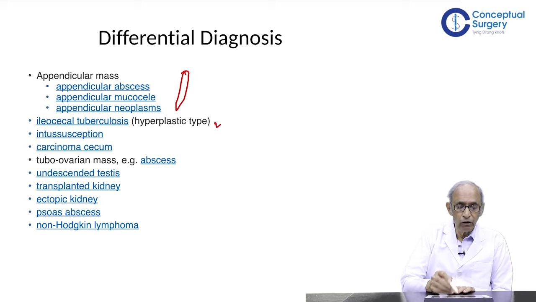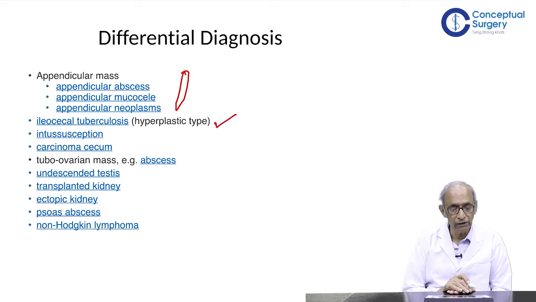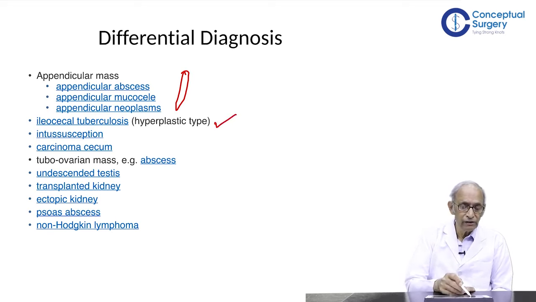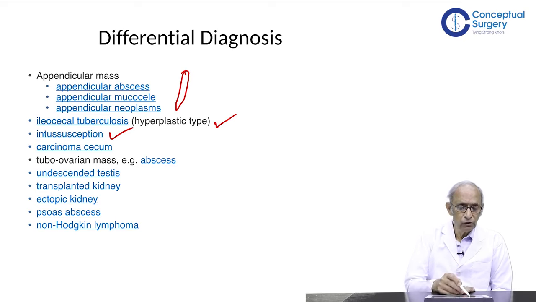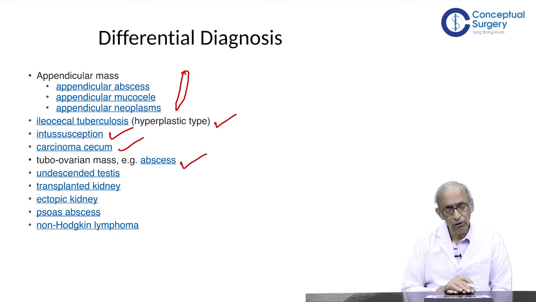Ileocecal TB in India is very common, the hyperplastic type, and chronic intussusception is something that you can see once in a while here. It's not very common. Carcinoma of the cecum, and as a visitor, a tubo-ovarian mass along with an abscess can also present here.